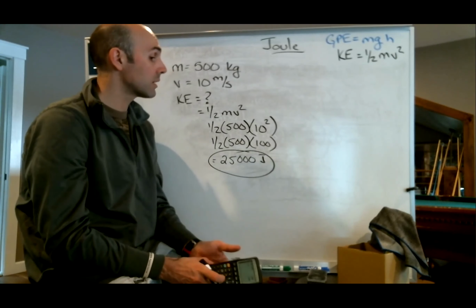There's one more point I'd like to make before we close this video out today. That last point would be something along the lines of maybe a building, right? And here is a box. We're gonna lift this box up and put it on the top of the building. All right, so let's say the building is 80 meters tall, has a height of 80 meters, and let's say that box, for easy numbers, is 1 kilogram.